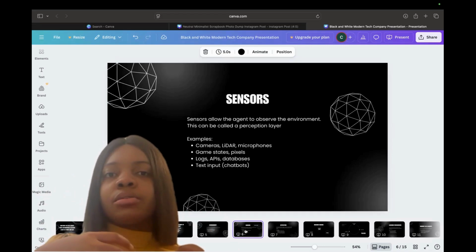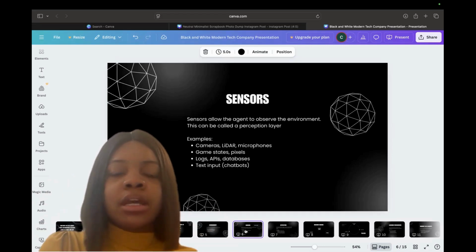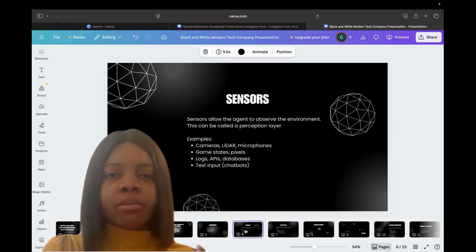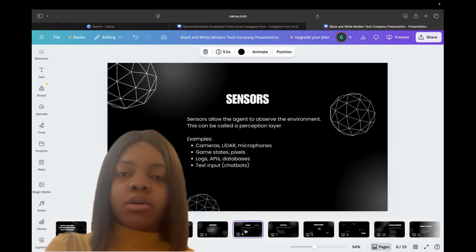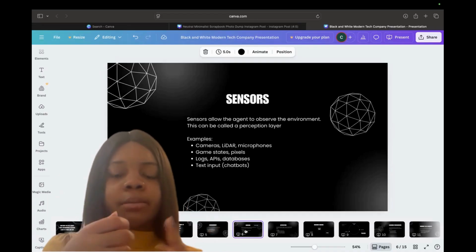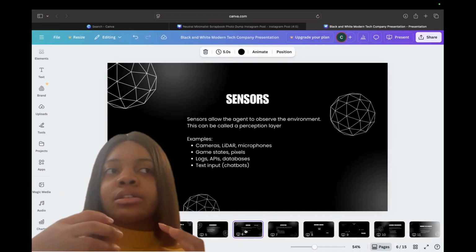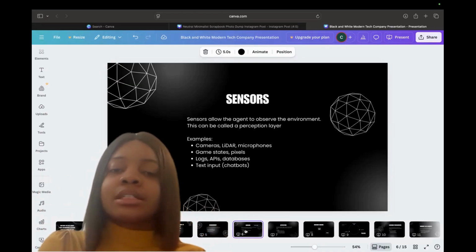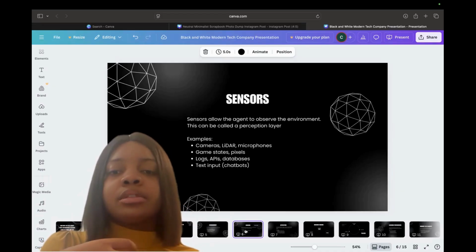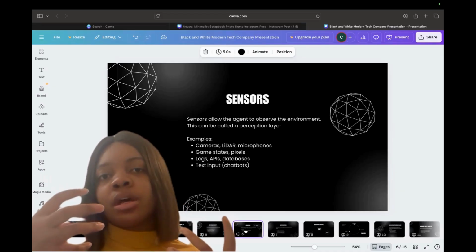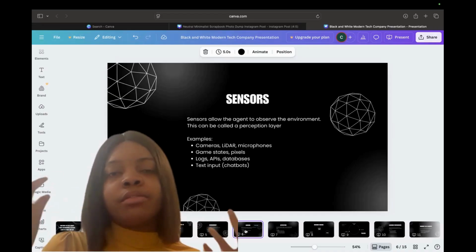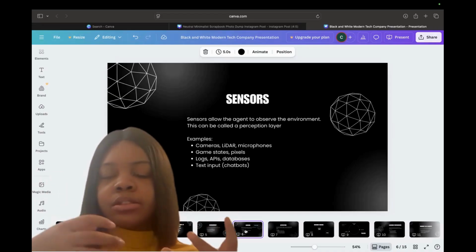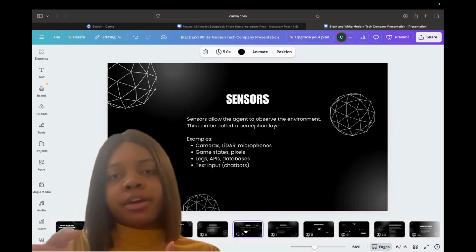They need to get inputs. So examples of these would be cameras, microphones. You have logs and APIs. They can also sense using databases. They can get inputs using databases or text inputs rather. So these are used to help the agent to view the environment, to perceive the environment, to be able to act on those environments.